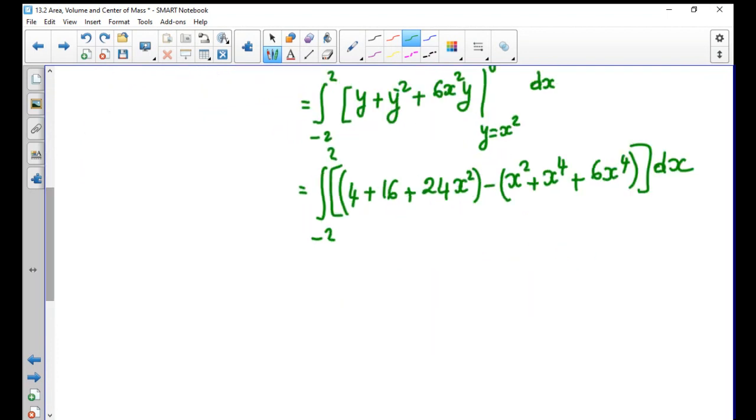Okay, I will leave you the rest. It's a really simple calculation. You open this bracket, you integrate with respect to x, you substitute, and you will see that the answer will be 130. Okay, so you can complete this, no problem.